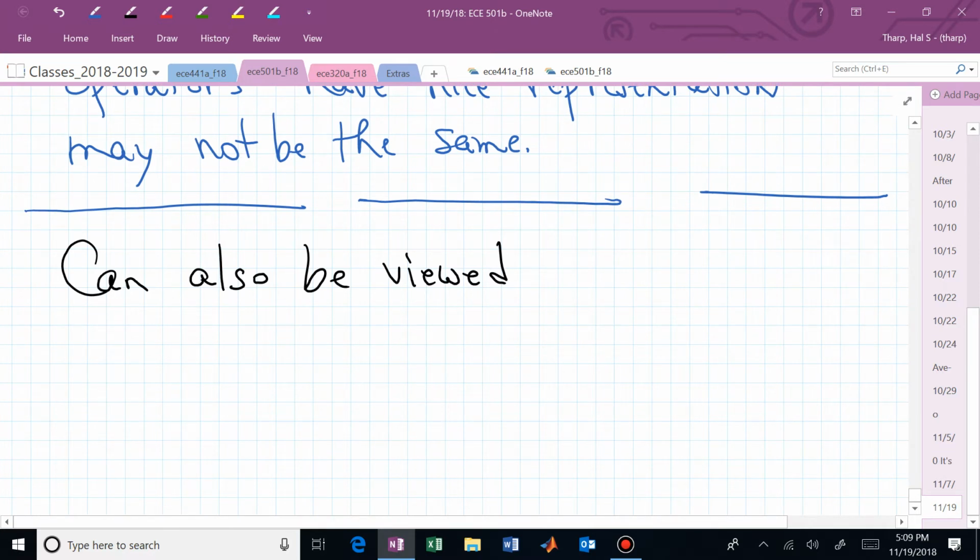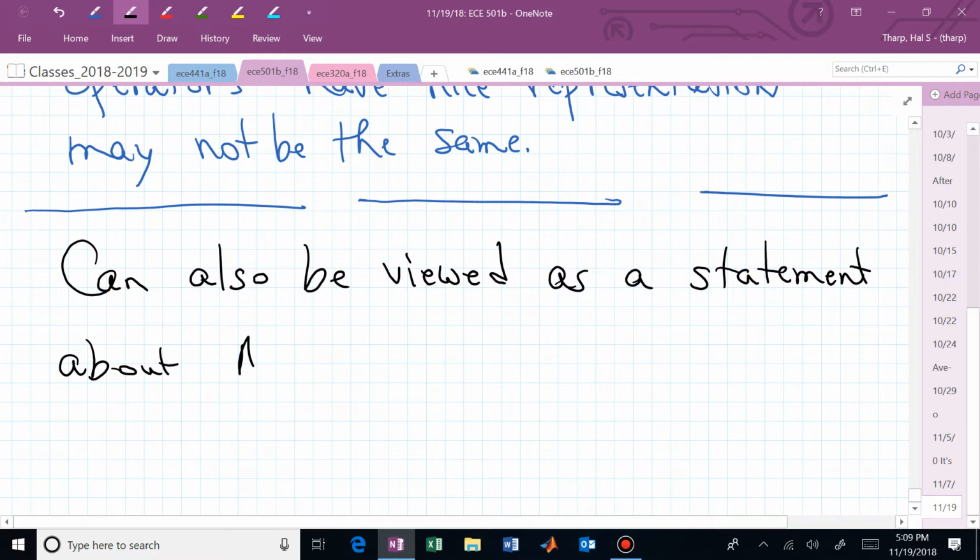What we've done can also be viewed as a statement about matrix factorization.